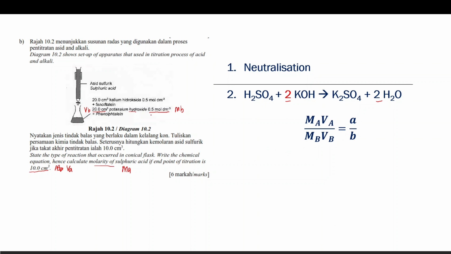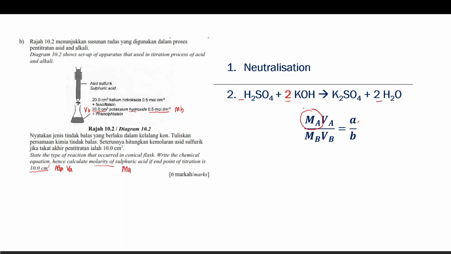MB we are given already. VA is given. VB is also given. MA is not given, so we need to find out the MA. A over B, A is the mole for the acid, here will be 1.